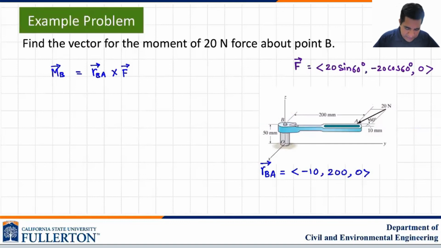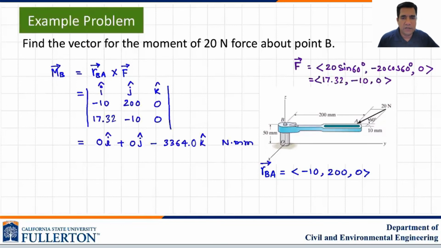Now we can put these vectors into the relationship we have for the cross product. With i, j, k, we have minus 10, 200, 0 as the r vector, and F is 17.32, minus 10, 0. Again, open it up.